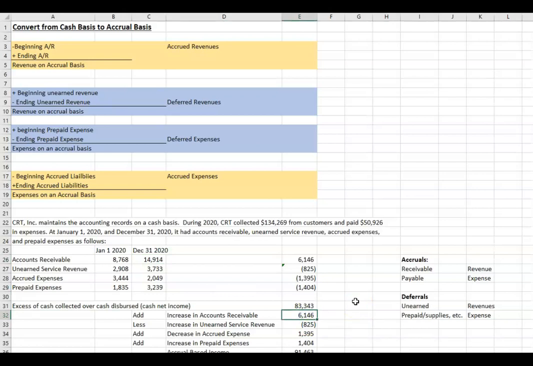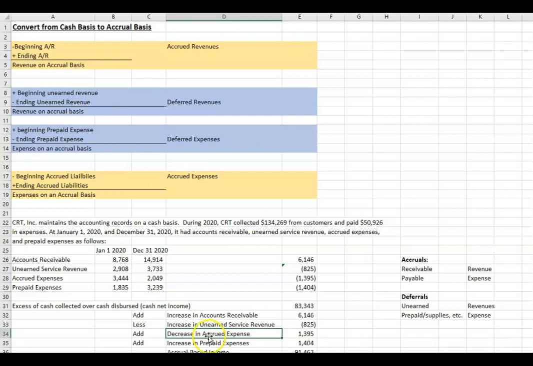So if unearned service revenue went up, that would look like a debit to cash and a credit to unearned. Well, as you can see, cash went up, but for accrual-based purposes, we're not calling it revenue. So we need to subtract that back out. And when I say we're not calling it revenue, it's because it's got to stay in unearned while it's being deferred. So it's a liability until we earn it.